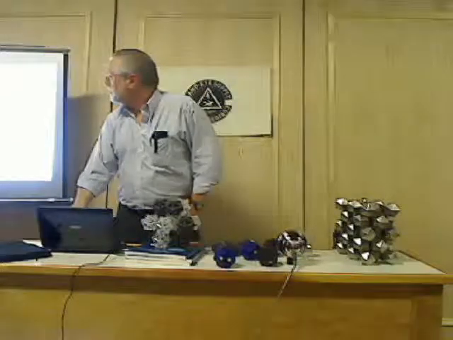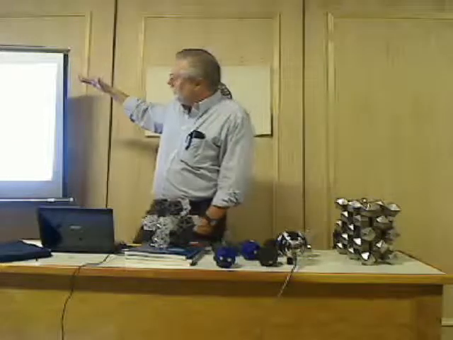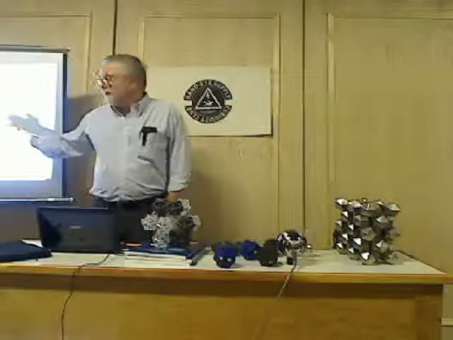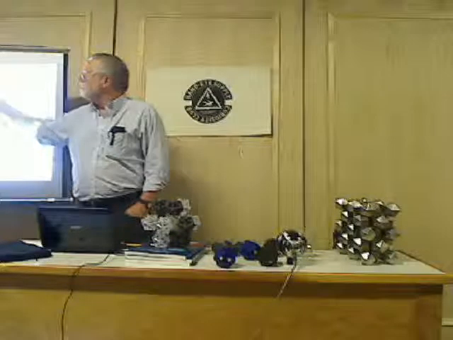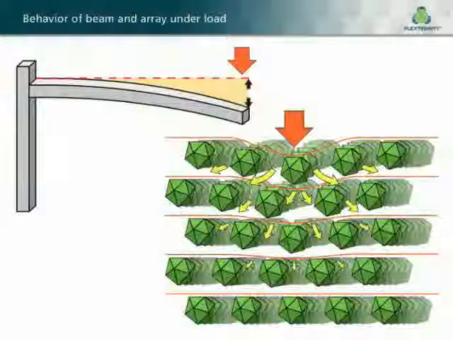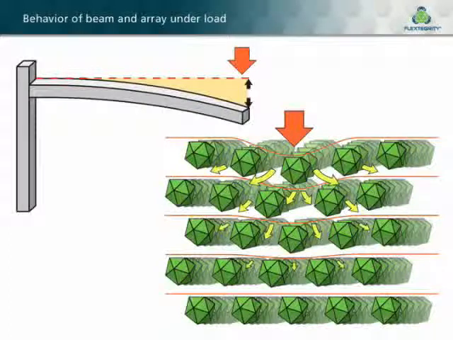The way a load is distributed through it: if you think about a 2x4, here we have a representation of a 4x4 oak beam. If you think about the cellular network of that 4x4 and what's happening when you load it, it's going to fracture. What's binding all those cells together is the dried-out lignin that originally held that tree together, and it's very brittle when you think about it.